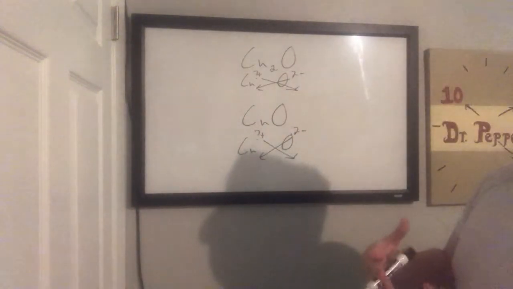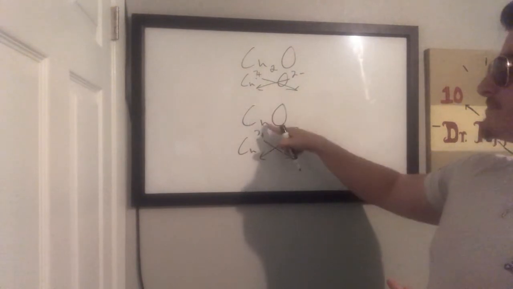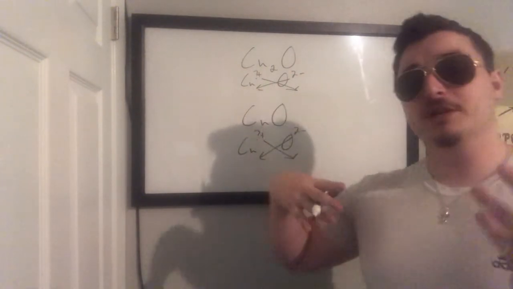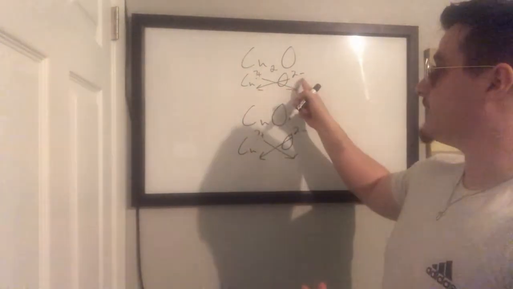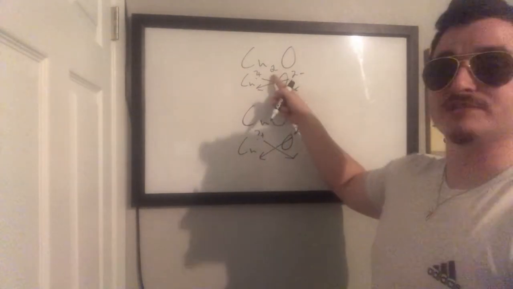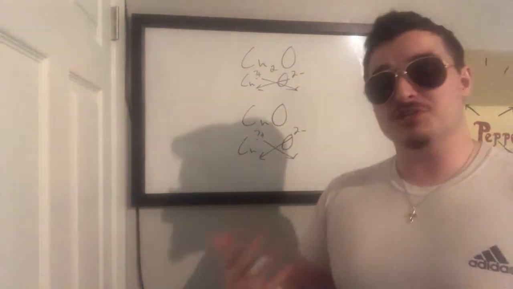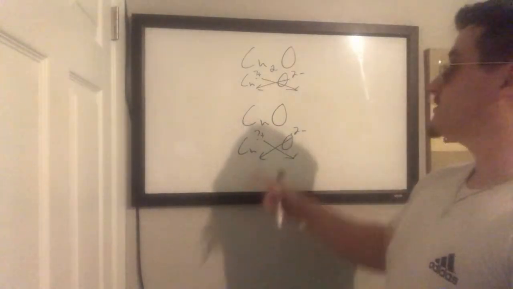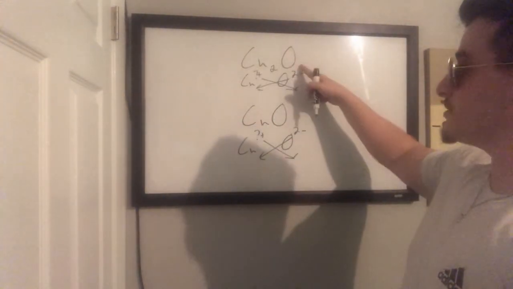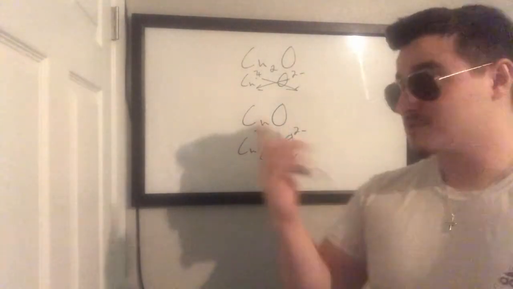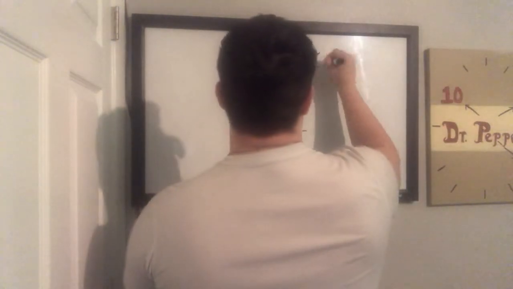So, when they finish their crisscross, what number should I expect to see next to the copper? I should expect to see a 2. And in the top example, that's exactly what we see, which means nothing actually changed here, nothing was reduced here, so this copper had to have had a charge of just 1. So this one is copper 1 oxide.